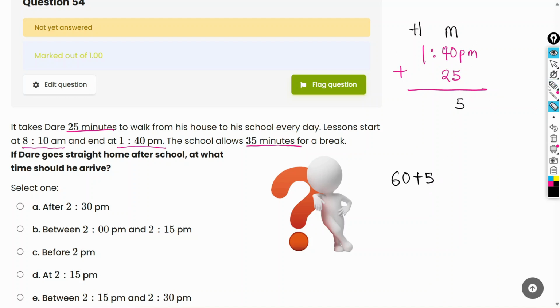So this would be 0, 5, and then we carry 60 over. Now 60 minutes is moving to the hours place. So 60 minutes becomes 1 hour. So that's 1. So Dari will arrive by 2:05 p.m. 2:05 p.m. is between 2 p.m. and 2:15 p.m. So here.